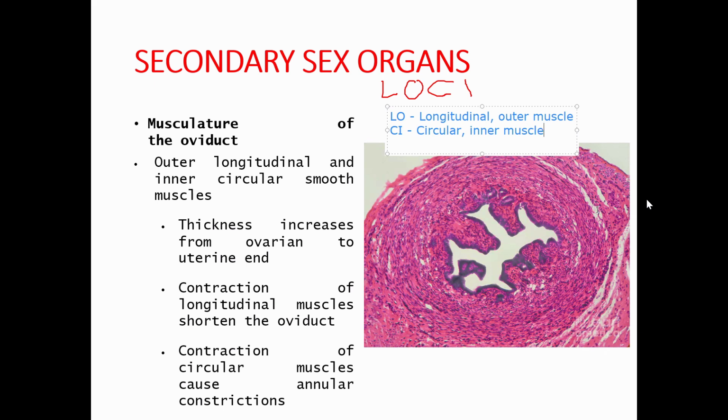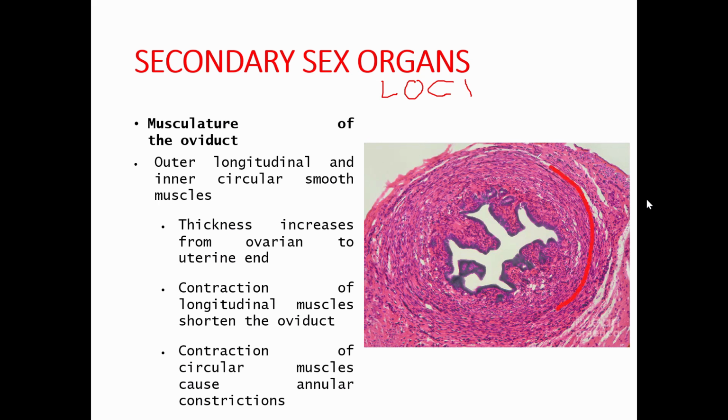Longitudinal, that is present in the outer. Then longitudinal, ito yung outer niya, no? Manipis yung pangsulat ko. This one. This is the longitudinal outer muscles. And then for the inner, we have this one. This is circular. So can you imagine that?